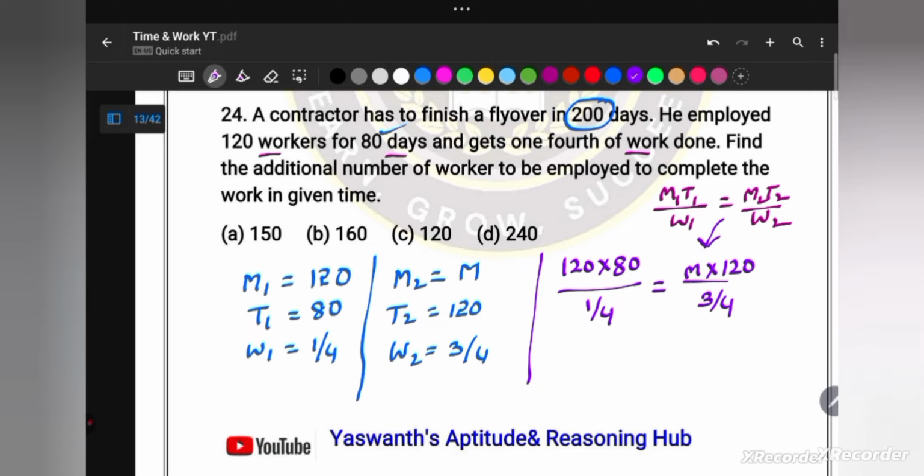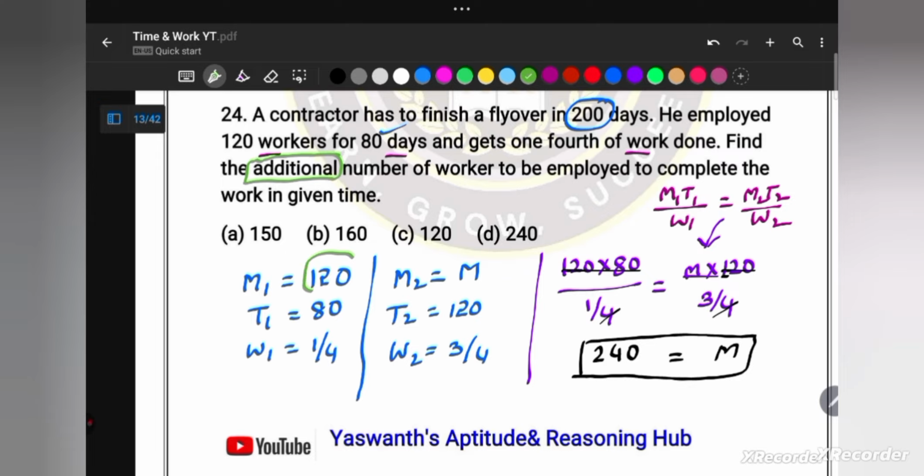Simply we'll apply this equation: 120 men working for 80 days will complete 1/4 of the work. Now we need to find the number of people, into time of 120 days left, with the remaining work to perform being 3 by 4. Upon cancellation, 4 gets cancelled, 120 gets cancelled, so the number of people will be equal to 80 into 3, that means 240. So in the second scenario 240 men are required, but the question is asking for the number of additional. Be careful with the keyword here: additional.